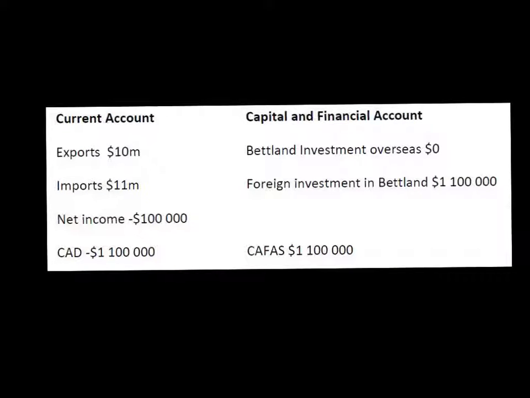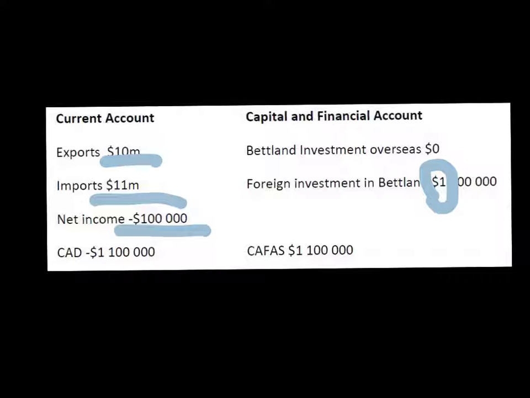Alrighty, look carefully then. Exports 10 million, yep. Imports 11 million, yep. We've borrowed that $1 million, remember, from Westland, and we owe the $100,000 back to Westland.